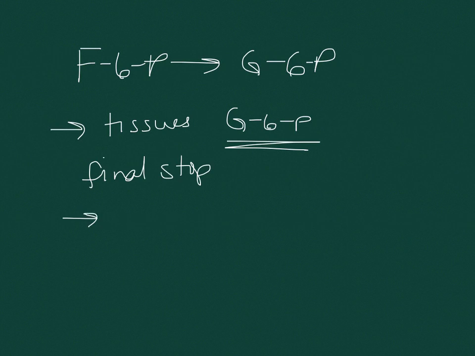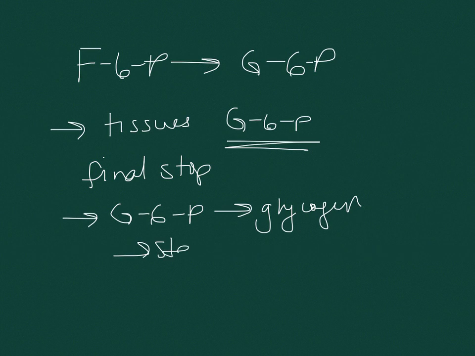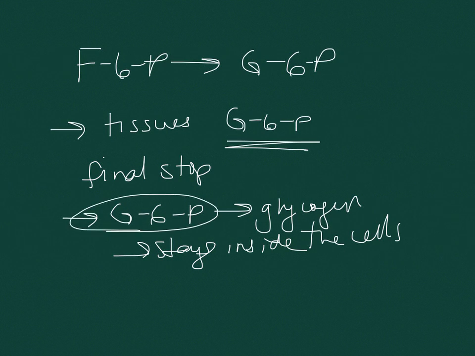The reason is that glucose 6-phosphate can be stored as glycogen, okay, and it stays inside the cell. It's trapped in the cell. If you remember from glycolysis, when we make glucose 6-phosphate using hexokinase, we trap that glucose 6-phosphate inside the cell.